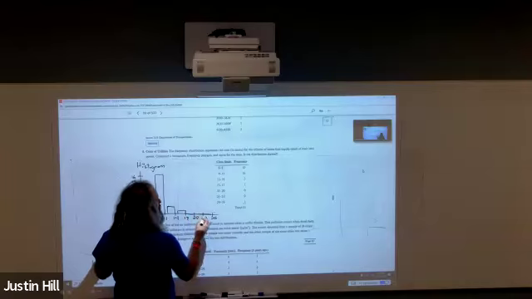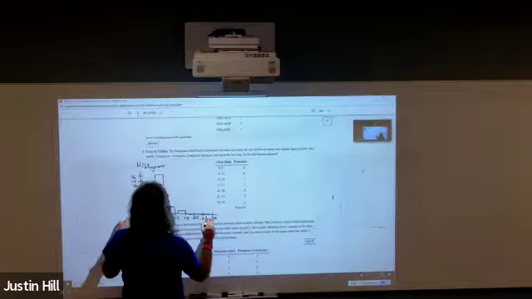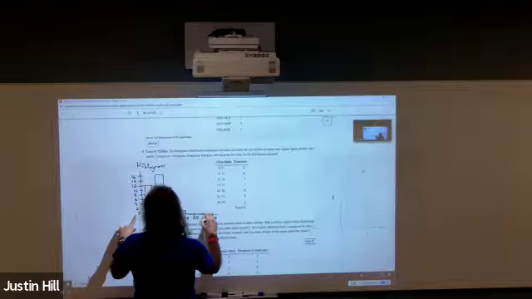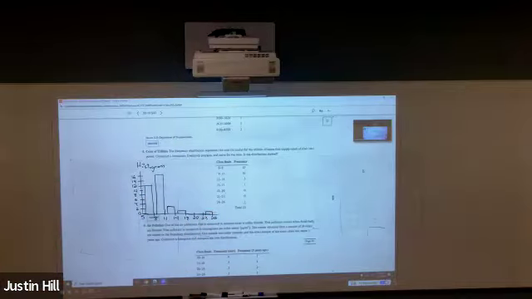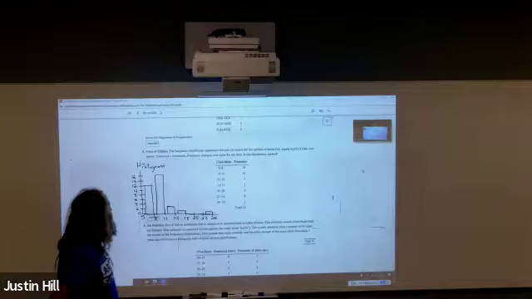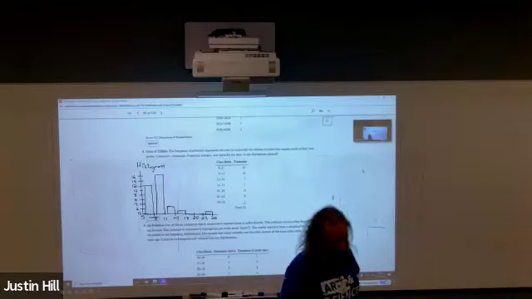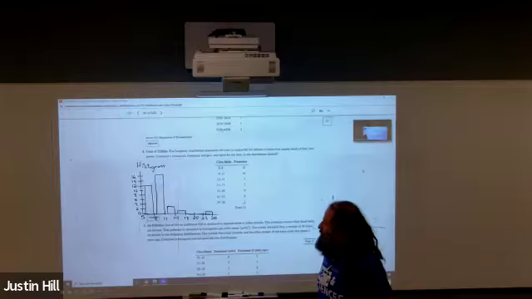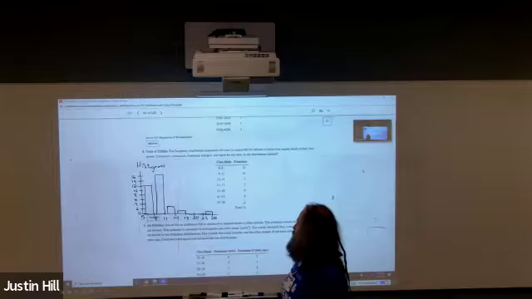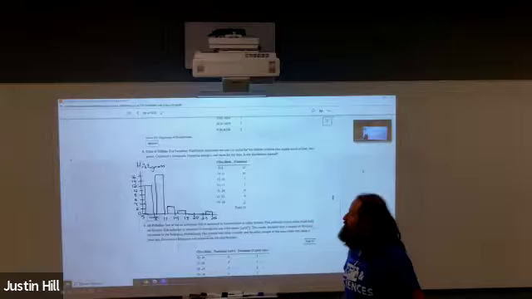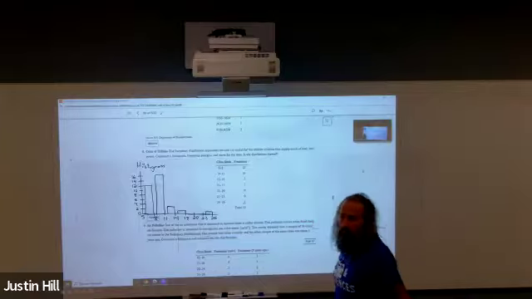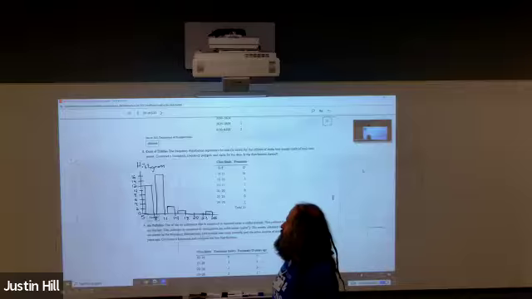You literally just draw nothing there. And same for 21 to 23. And then 24 to 26 would also be a 1. So that would be the graph, the histogram of this data, this frequency table. Just a good old fashioned bar chart.